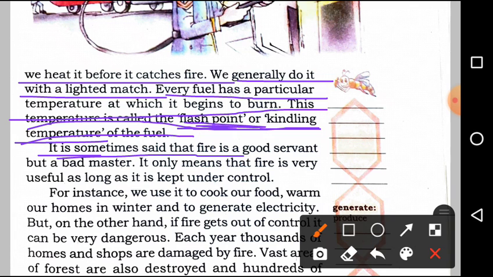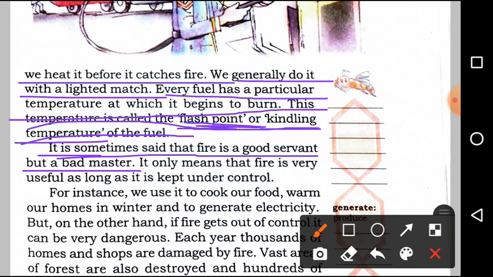It is sometimes said that fire is a good servant but a bad master. That is very true. Fire is a good servant means when fire is in our control, we can do anything with it. The hardest or toughest tasks can also be done by controlling the fire in a certain way.